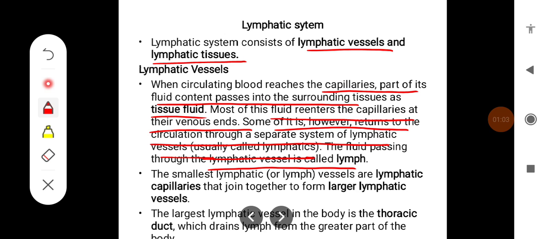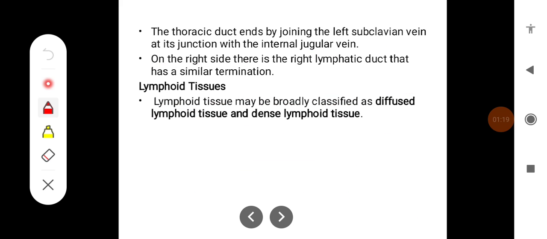The smallest lymphatic vessels are lymphatic capillaries that join together to form larger lymphatic vessels. The largest lymphatic vessel in the body is the thoracic duct, which drains lymph from the greater part of the body. The thoracic duct ends by joining the left subclavian vein at its junction with the internal jugular vein.